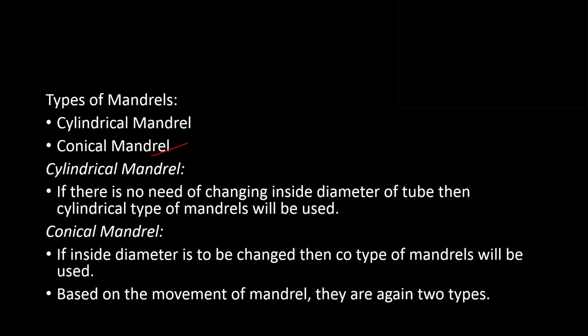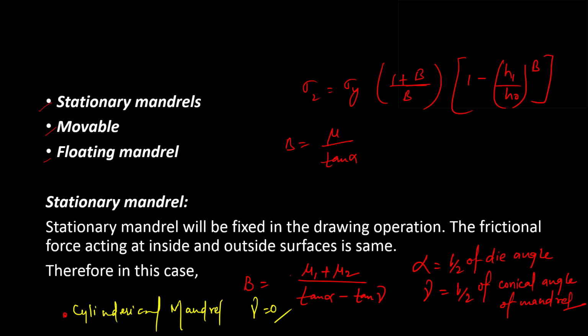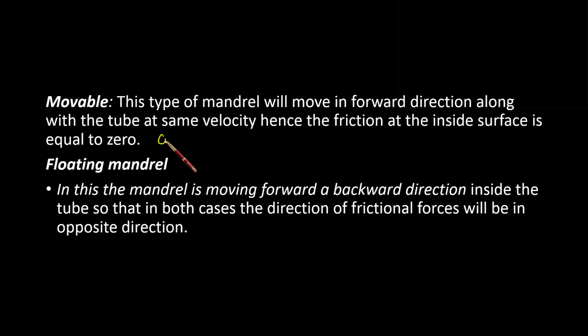So the only possibility for a movable mandrel is the cylindrical mandrel, and in this case b is mu1 by tan alpha.